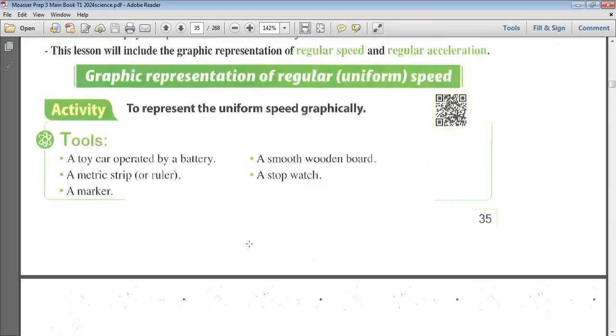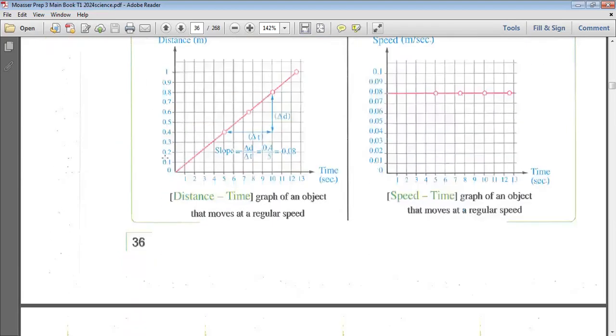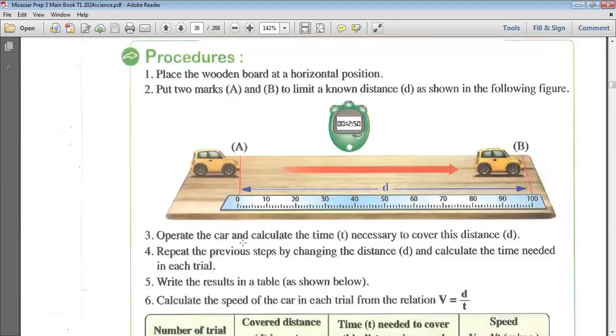What does that mean, for example? I have now drawn a graph called the distance time graph. When we draw this graph, we know the relation between the distance and time. The distance is directly proportional to the time. By increasing the distance, the time increases. So number one, we give reason.